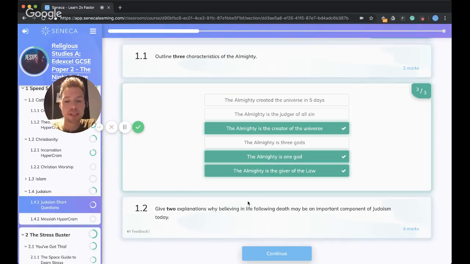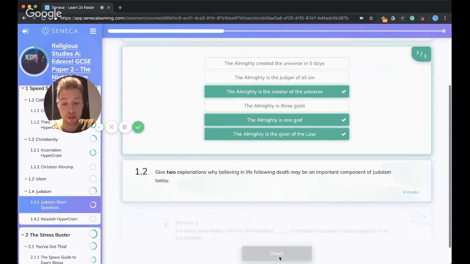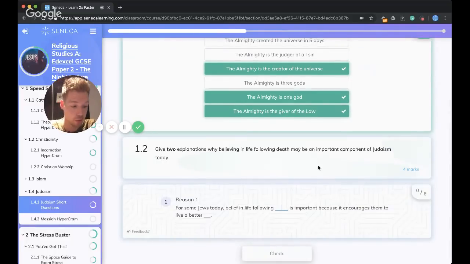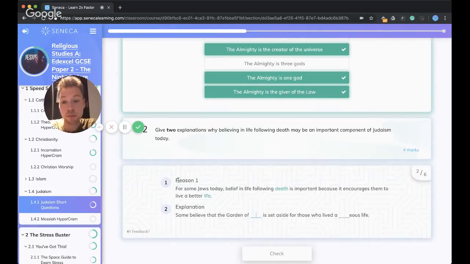Give two explanations why believing in life following death may be an important component of Judaism today. So for some Jews today, belief in life following death is important because it encourages them to live a better life. The worked example here is structured just like you need to structure your exam answer. We have reason one, and then we have our explanation.